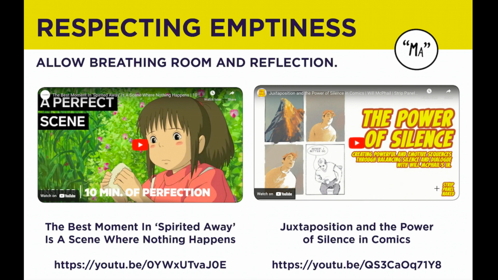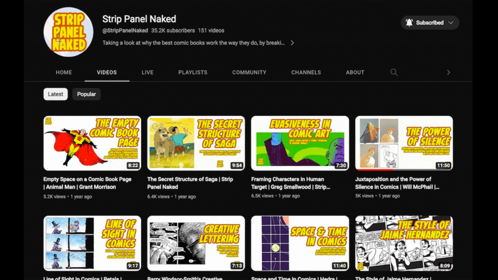This video here from the YouTube channel Strip Panel Naked, Juxtaposition and the Power of Silence in Comics. Again, talking about using silent panels and moments of negative space or reflection in interesting ways. I also just want to shout out the YouTube channel Strip Panel Naked overall.